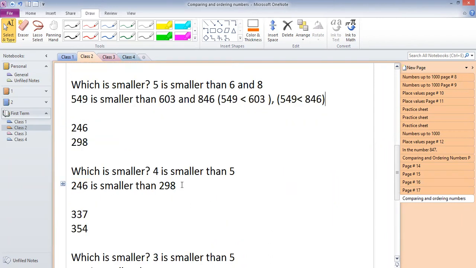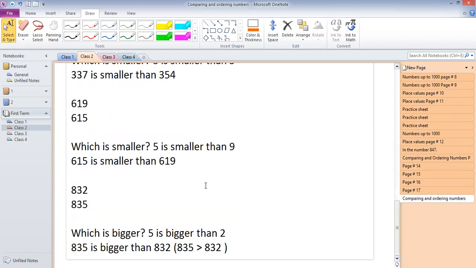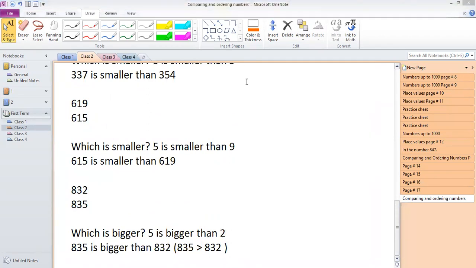Here 246 is smaller than 298. That means 246 is less than 298. So this is the less than sign and this is the greater than sign. Clear, guys? Clear, sir.